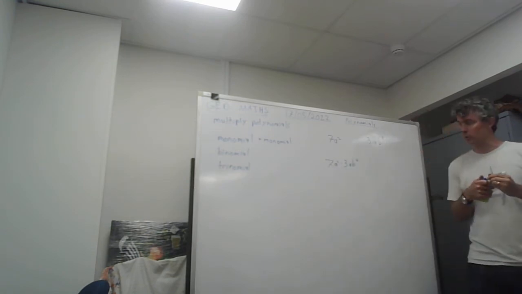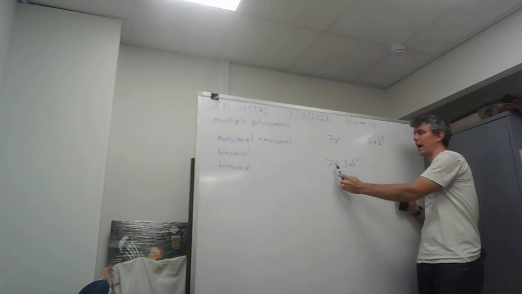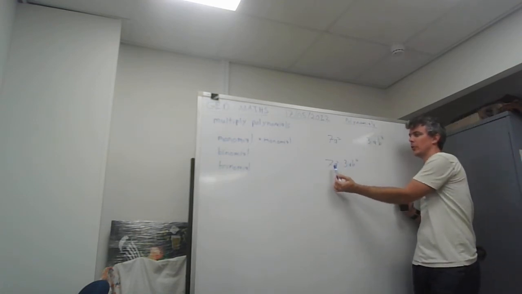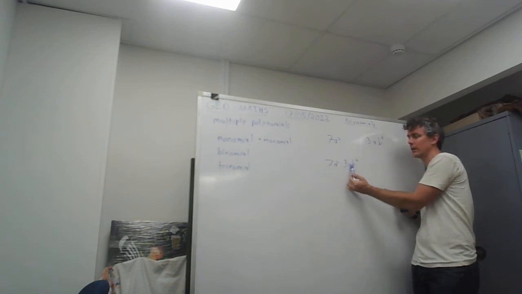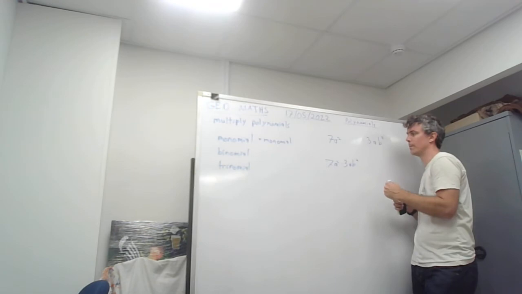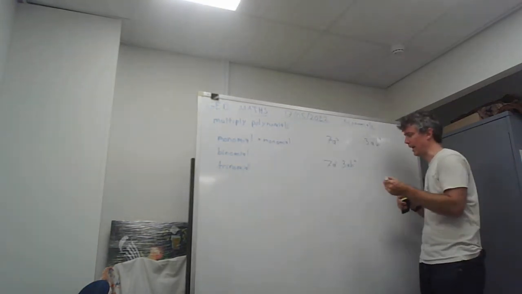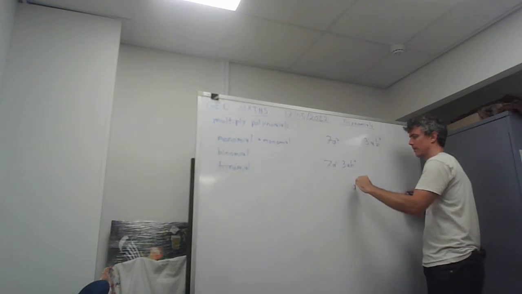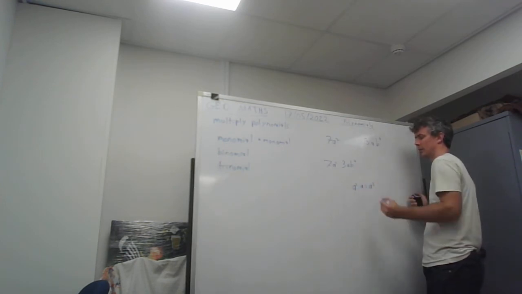So now we're multiplying across the board. What you do is first multiply the coefficients, and then for every variable, if it's the same variable, you add the powers. So this is a squared and this is a. So a squared times a equals a cubed.